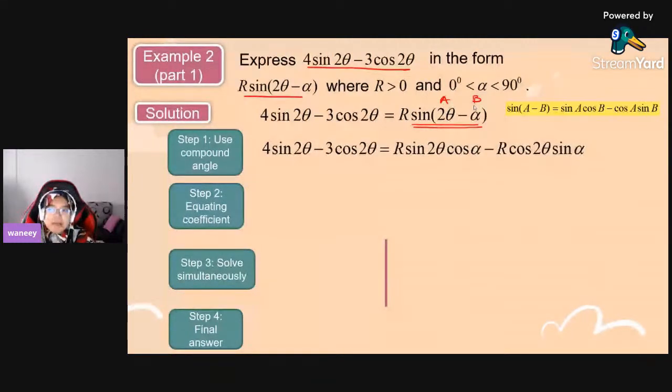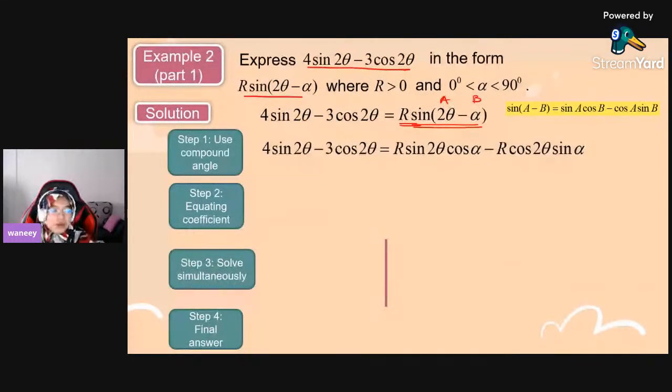So they will become r sine 2 theta cos alpha minus r cos 2 theta sine alpha. Okay, so that is the first step. We already used the compound angle on the right hand side. Left hand side, you just need to copy them down. The right hand side, you need to use the compound angle.